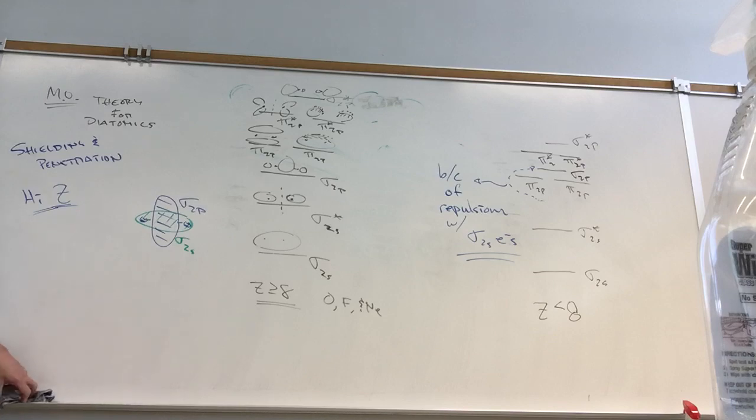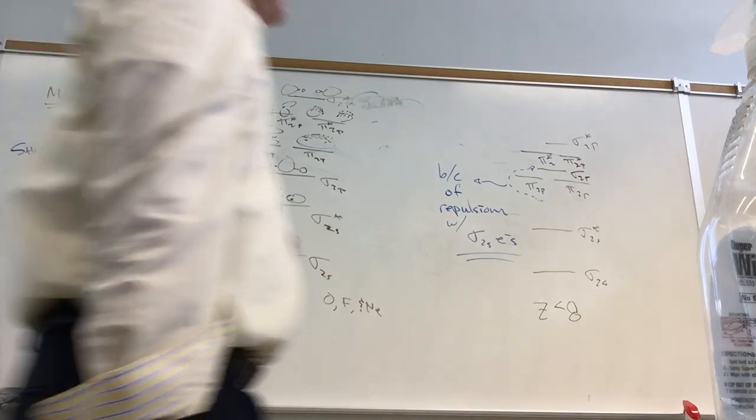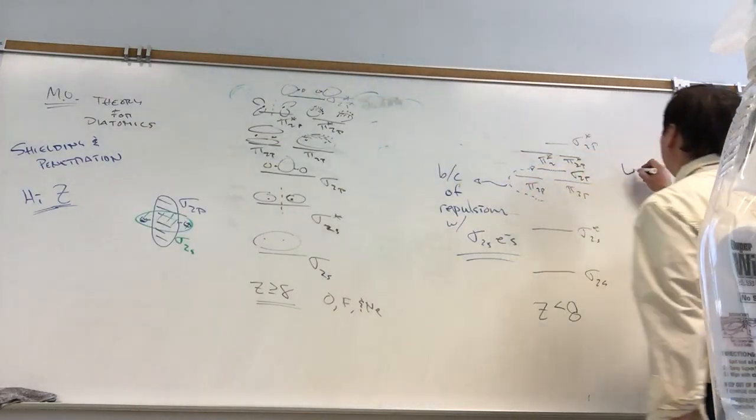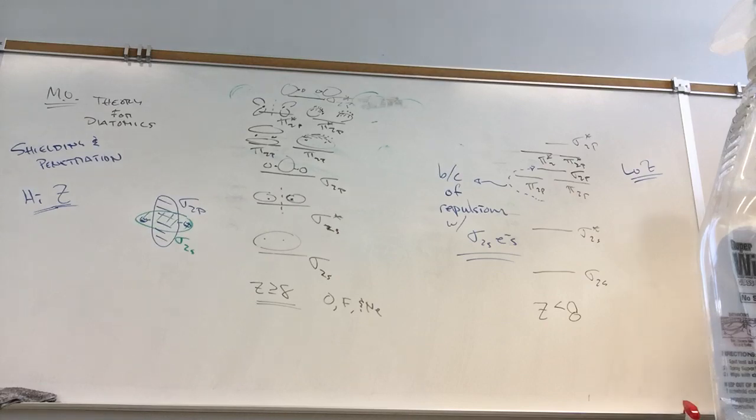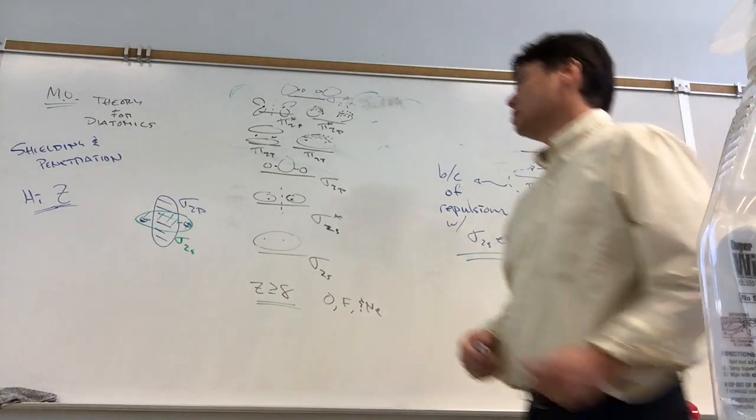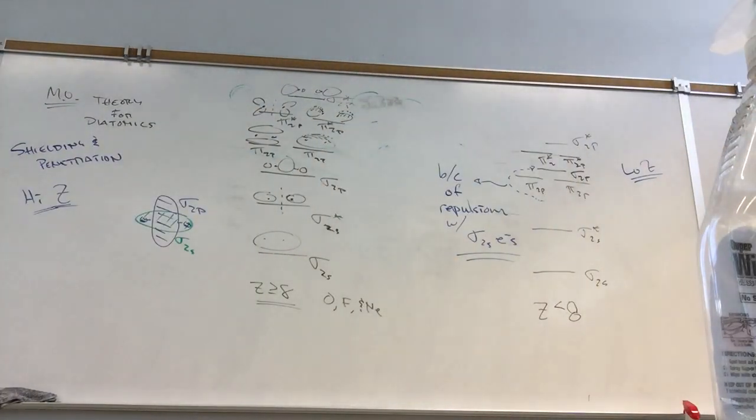But at low Z, penetration isn't as significant. Lower Z's don't have the pulling power to pull in the electrons as much, and the difference isn't going to be as dramatic between a 2s and a 2p.